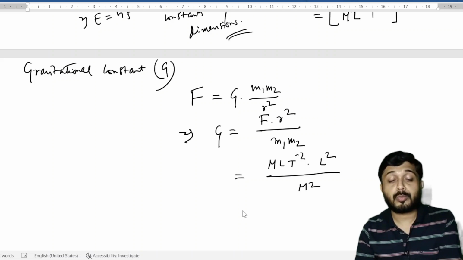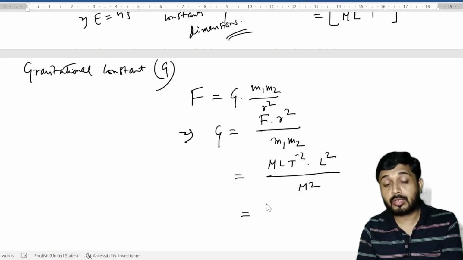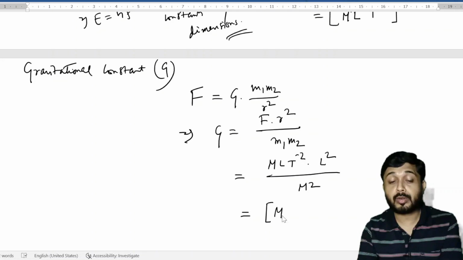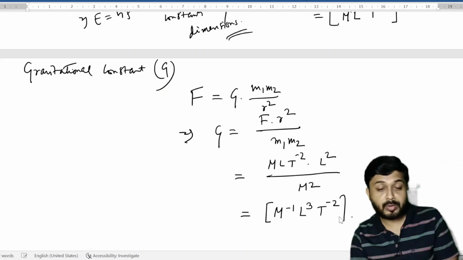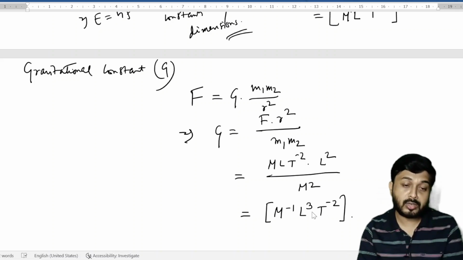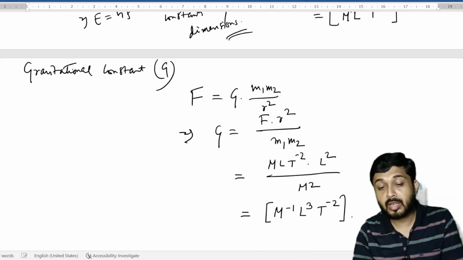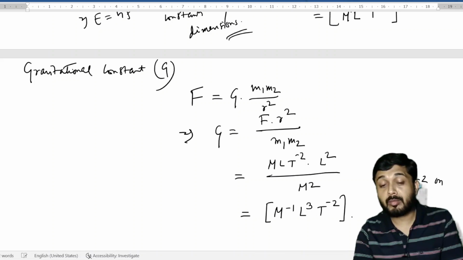So finally the dimensional formula for G is M to the power minus 1, L to the power plus 3, and t to the power minus 2. So the dimensions are minus 1, plus 3, and minus 2 on M, L, and t respectively.